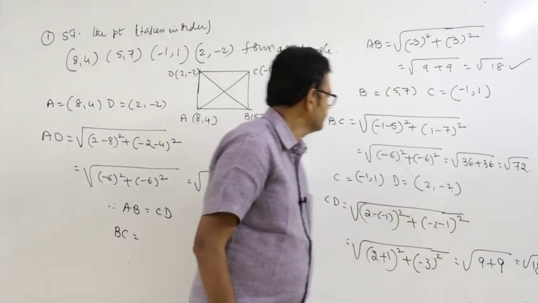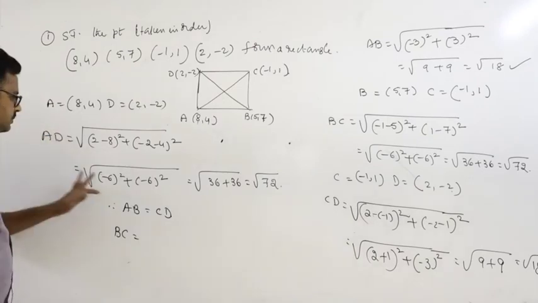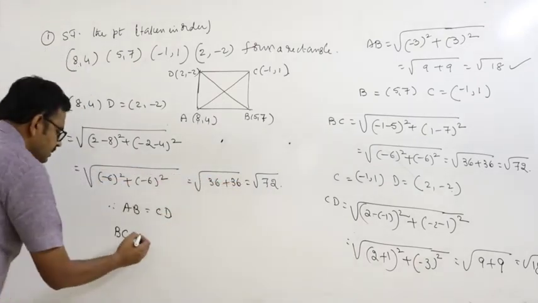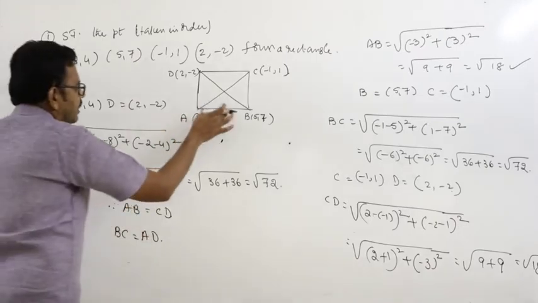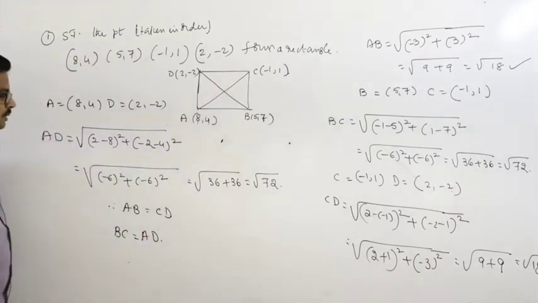Root of 72. And AD also root 72. That means opposite sides are equal. Now, to show that diagonals are also equal.